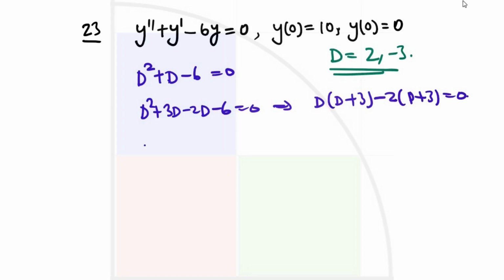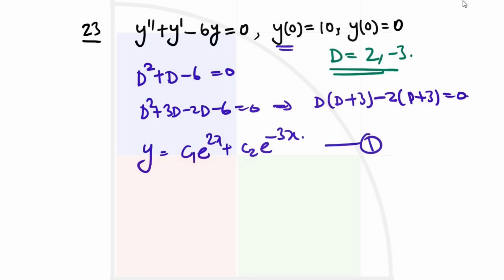So our equation will become y is equal to c1 e to the power 2x plus c2 e to the power minus 3x. Use the initial value conditions. At x is equal to 0, y is 10. So we can write c1 plus c2 is equal to 10.